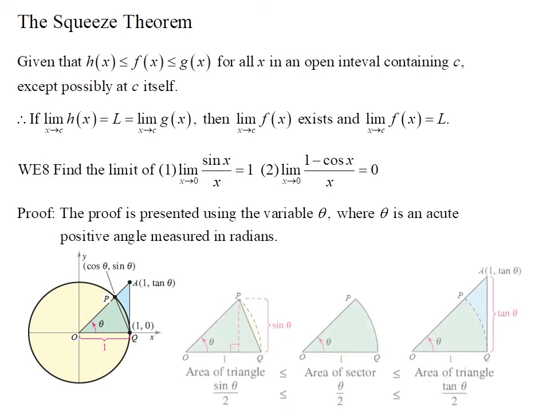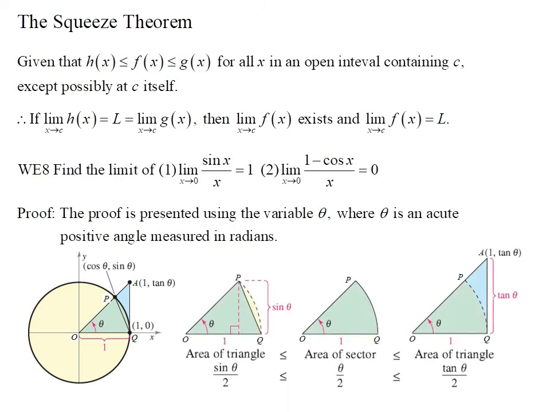Hence, it is not difficult to find that a circular sector OPQ is squeezed between the triangle OPQ and the triangle OAQ. Accordingly, the area of triangle OPQ equals sine theta over 2, the area of triangle OAQ equals tangent theta over 2, while the area of the sector OPQ equals theta over 2, which is sandwiched by the area of triangle OPQ and the area of triangle OAQ.